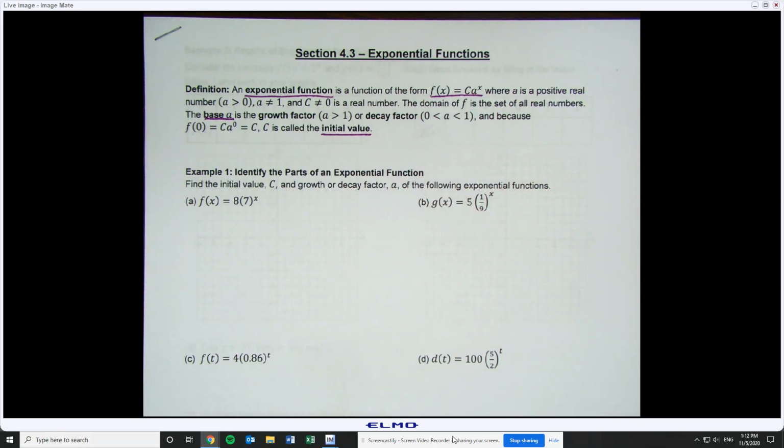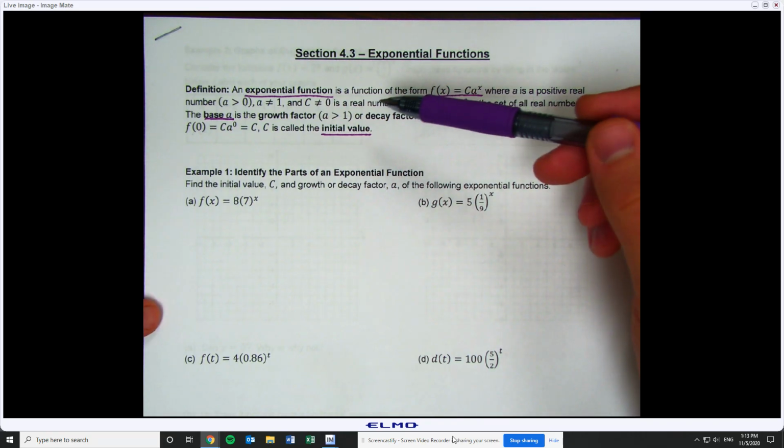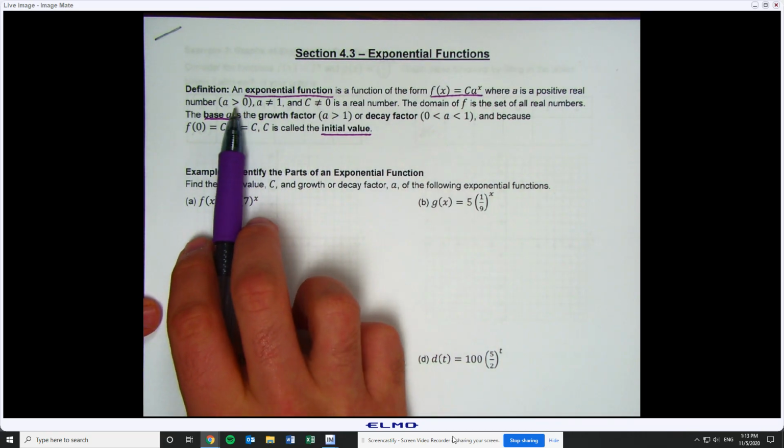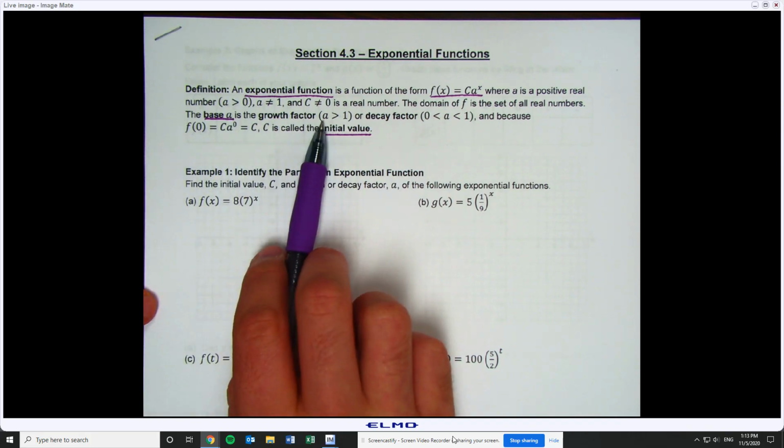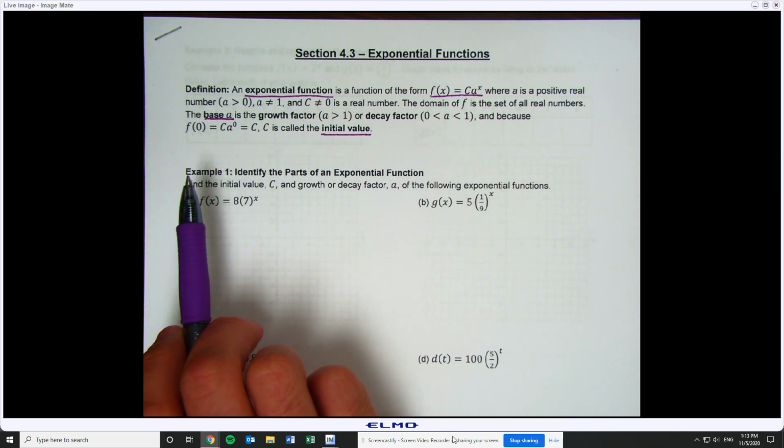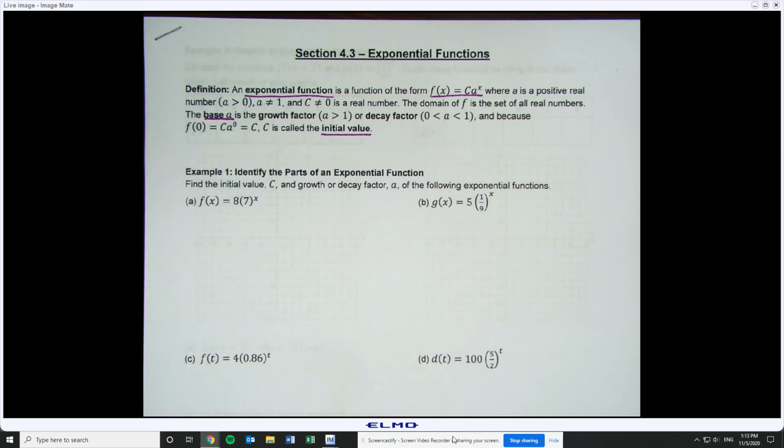Now, as far as the base goes, the base can either be called a growth or a decay. The reason it's called that is if our base a is bigger than 1, then you're going to be multiplying by that same number over and over and over again.